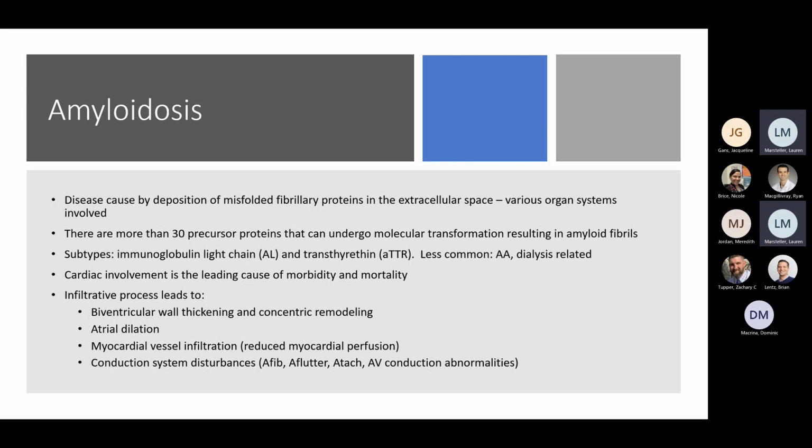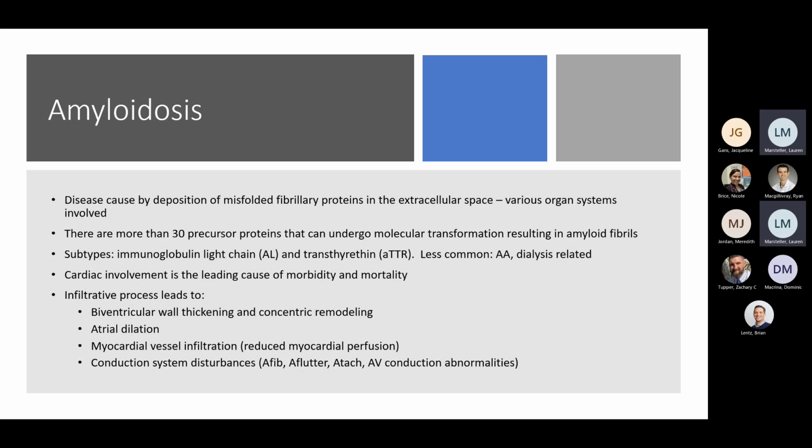We're not going to focus on those today. Again, they can affect any organ. They don't always affect the heart, but when the heart is involved, these patients typically have a high morbidity and mortality. So it's important to recognize and treat sooner rather than later.